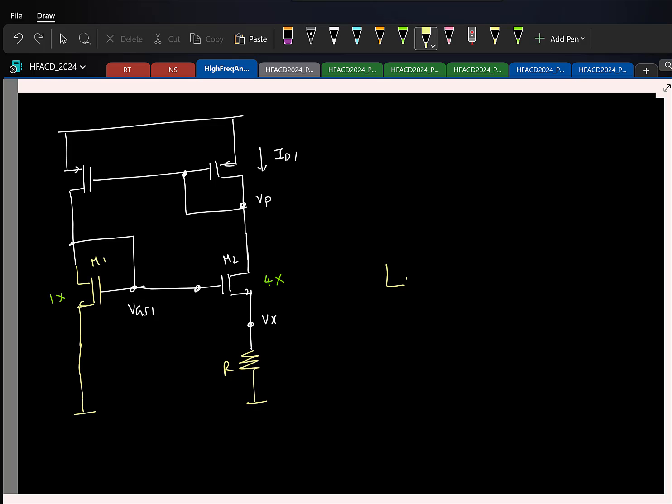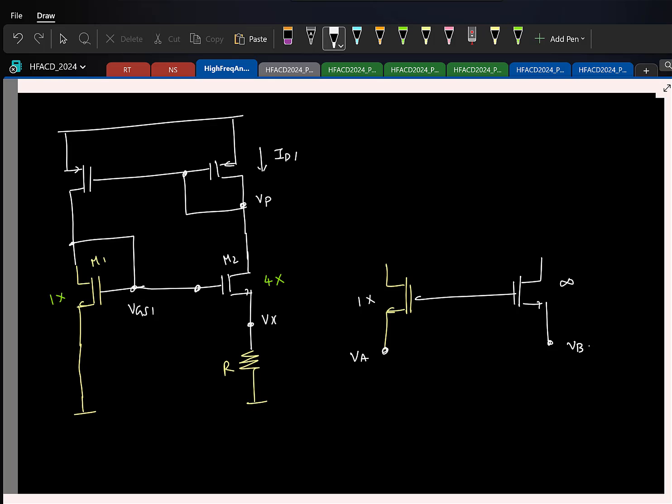So let's say I take this guy here and the other transistor here. Let us say this is 1x and let's say this is infinity, then we'll reduce it to 4. Now I don't want to have body effect, which means these two potentials should be the same. So let me call it VA maybe.